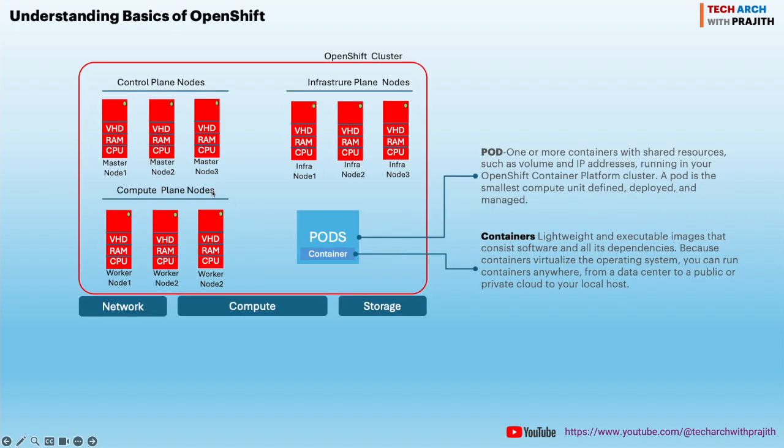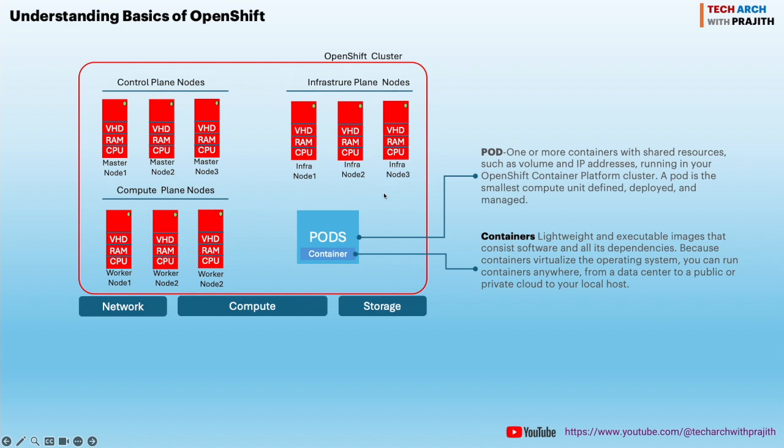Understanding basics of OpenShift. What you see here in this diagram is an OpenShift cluster architecture. You can see that it's built upon your network, your compute resources, and your storage. It's a typical OpenShift cluster where you have the control plane nodes, the infrastructure plane nodes, and the compute plane nodes.